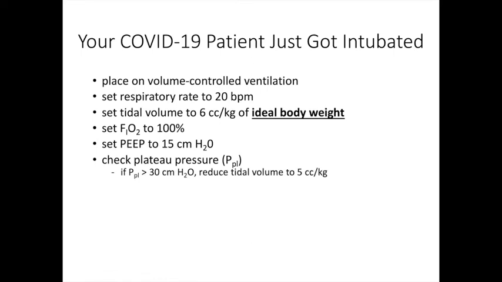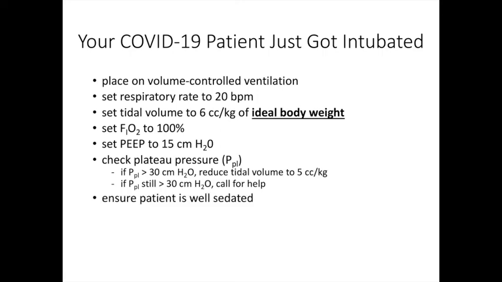If the plateau pressure is greater than 30 centimeters of water, reduce the tidal volume to 5 cc's per kg. That will bring down the plateau pressure. If despite reducing the tidal volume, the plateau pressure is greater than 30 centimeters of water, you should call for help.